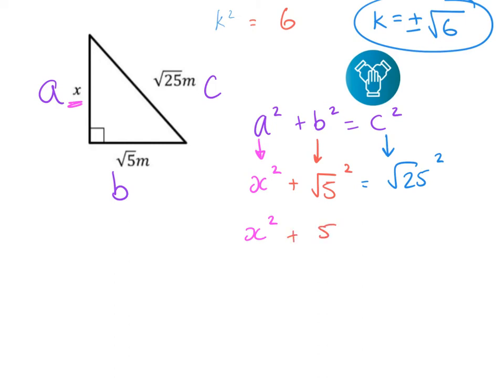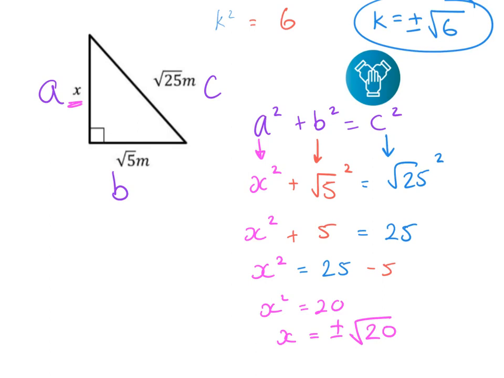The root 25 squared is also 25, and then I can move things about so I can solve it. So x squared is equal to 20, so therefore x is going to give me the square root of 20, but I've got to remember to plus and minus for the answers as I go through.